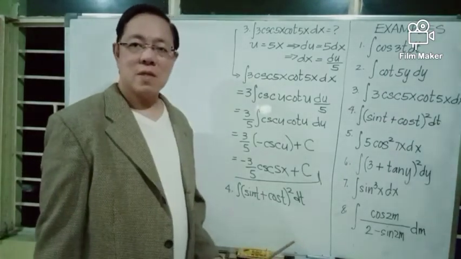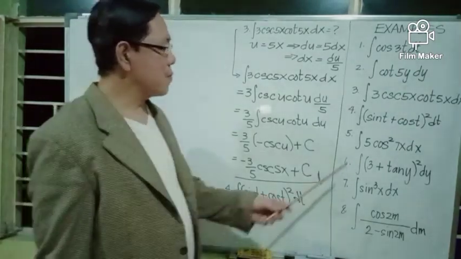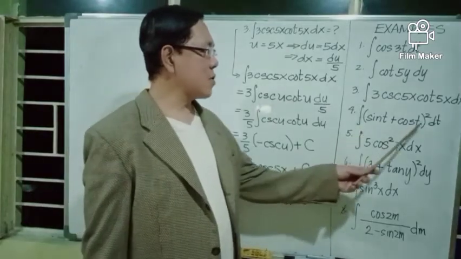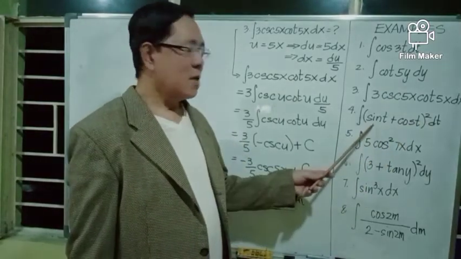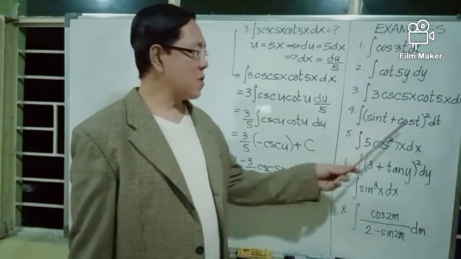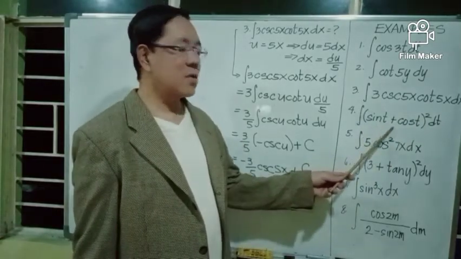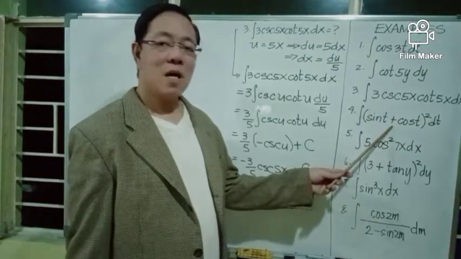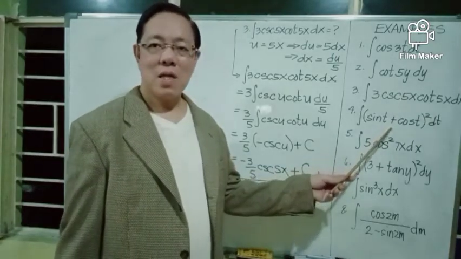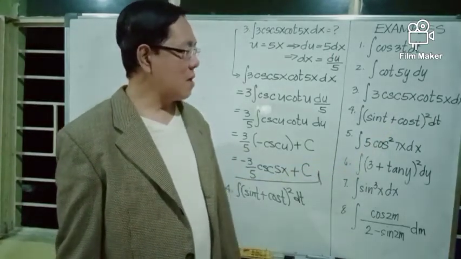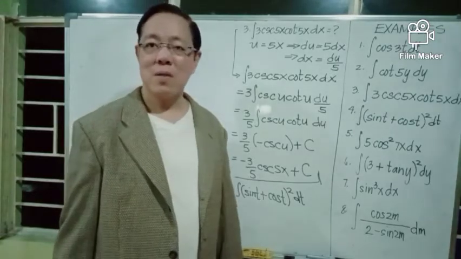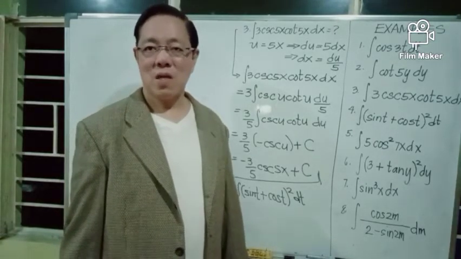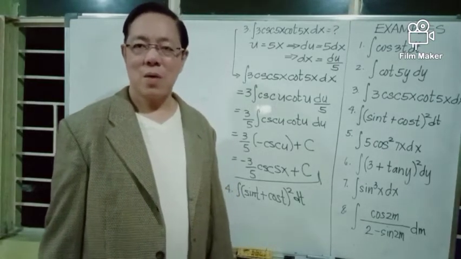The first step here is to write the expansion. This is a square. You write the expansion of the square of sine t plus cosine t. This is actually the square of a sum, so you can make use of one of the special product rules which you must have taken from your algebra course.